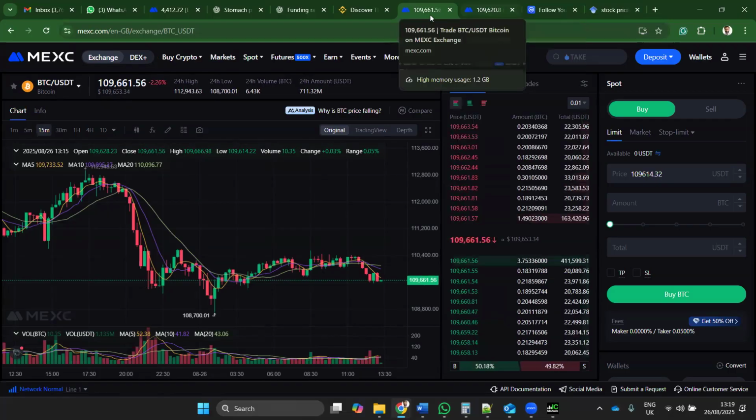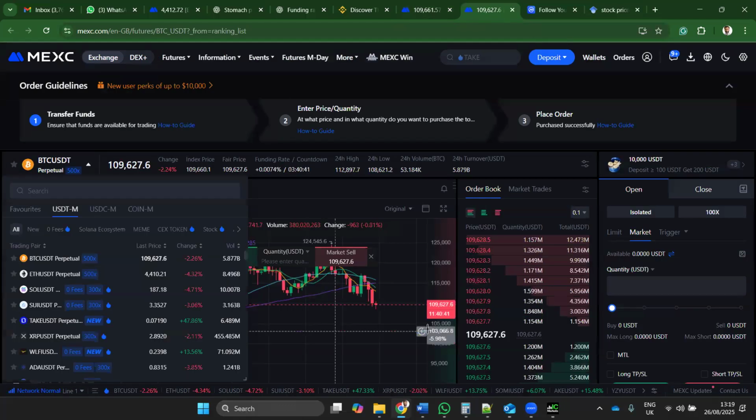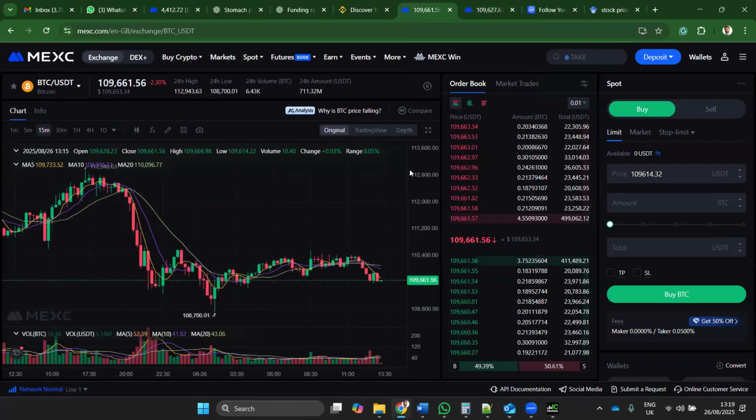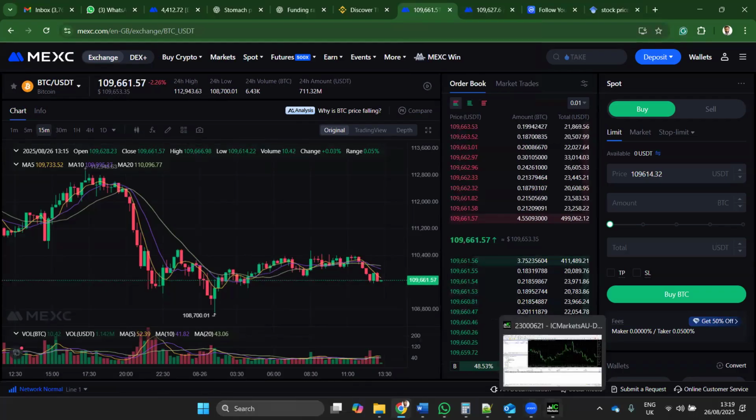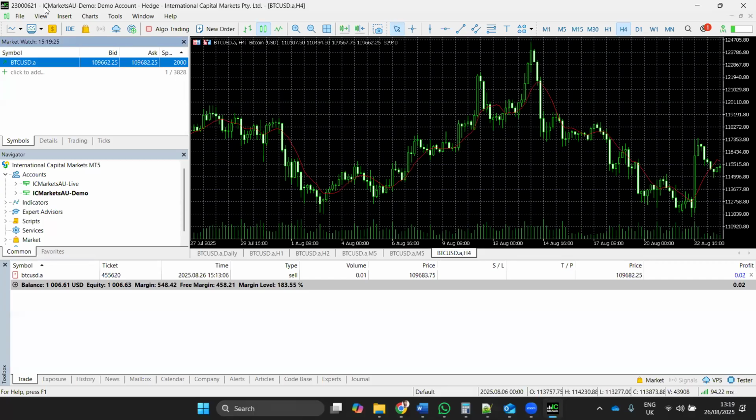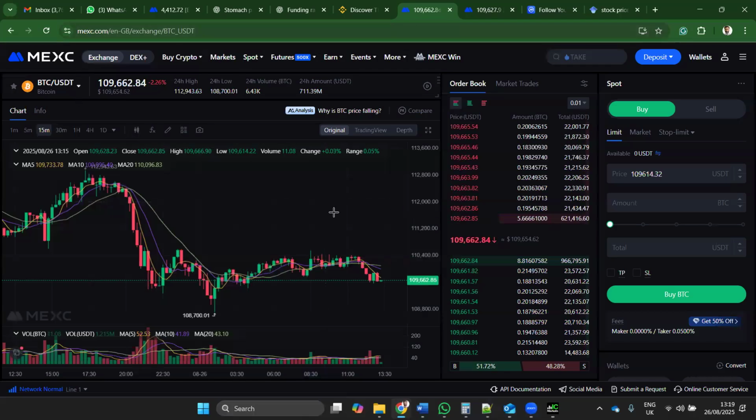There's almost a $40 difference. This is the BTC future price, and this is the real price. And if you go to the MetaTrader, you'll see the price here is different, right? So the point I want to make, the real asset is this one, the BTC price in spot.